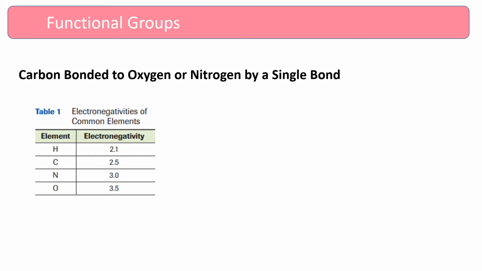Now, here is a table that shows the electronegativities of common elements. H is 2.1, C 2.5, N 3.0, and O at 3.5. So this will help us understand our bonding. And here are some structures that we were talking about in the previous slide.